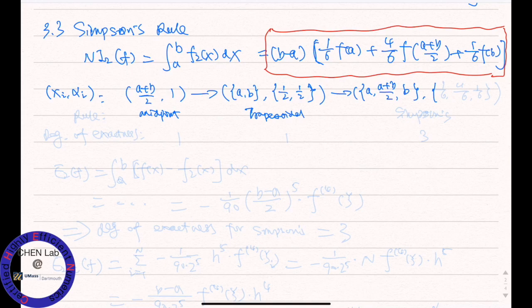If you actually go back and integrate those 3 quadratic polynomials, which you should do to appreciate this, you're going to get 1/6, 4 over 6, 1 over 6. Right, this is Simpson's.